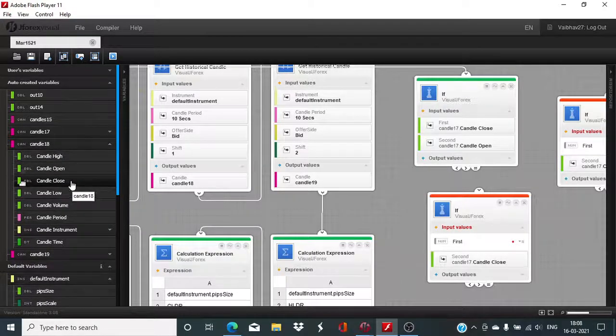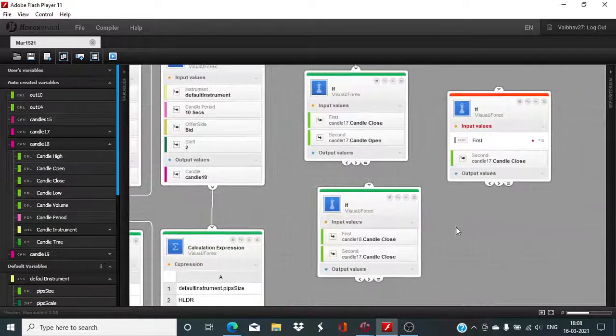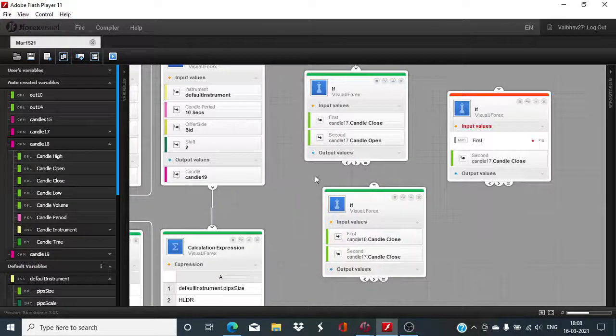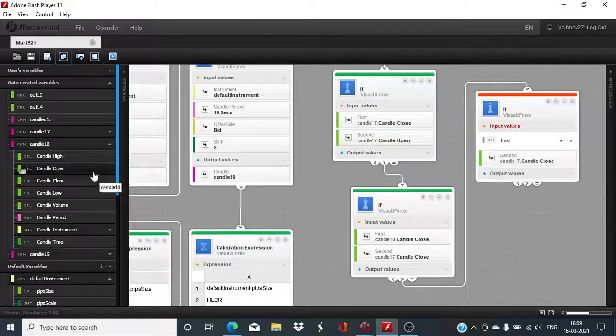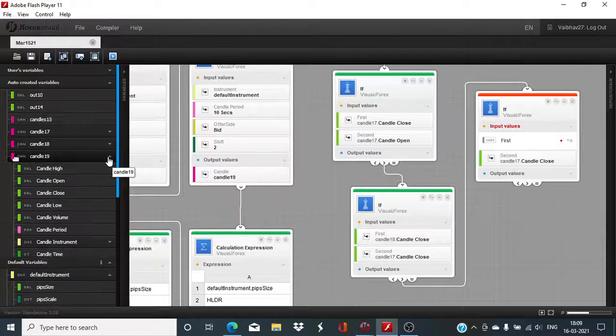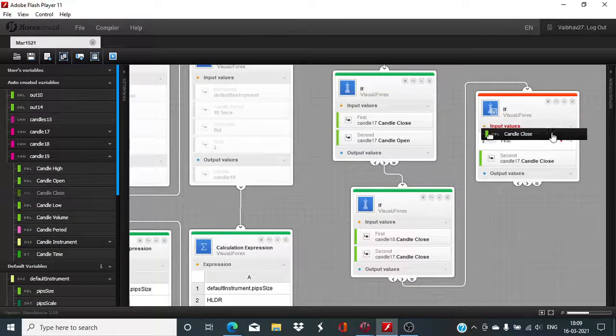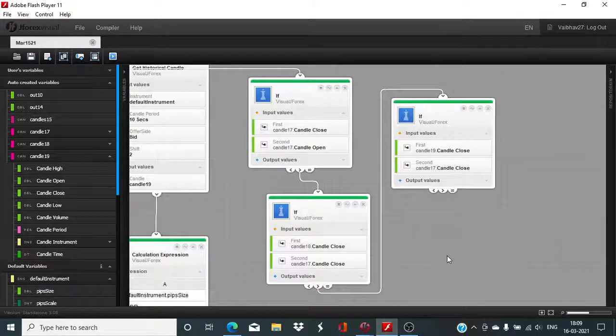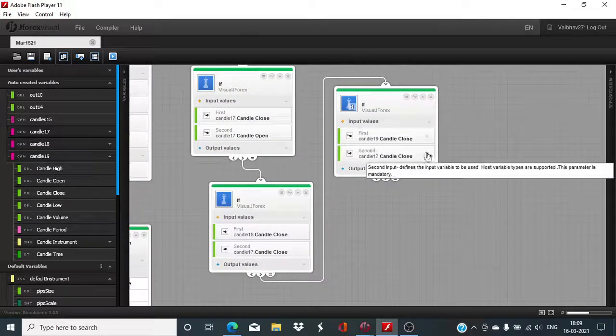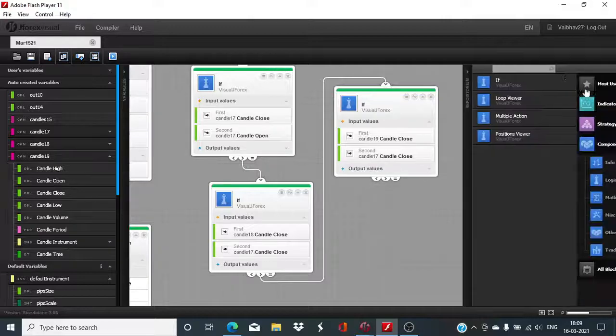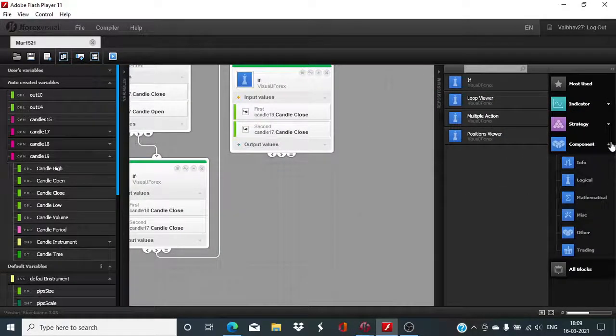Candle 18's close should be above it, and here also close should be above. So first input greater than, and first input greater than, and candle 19's close should have been below it. So for that we are going to need this first input to be less than second input.